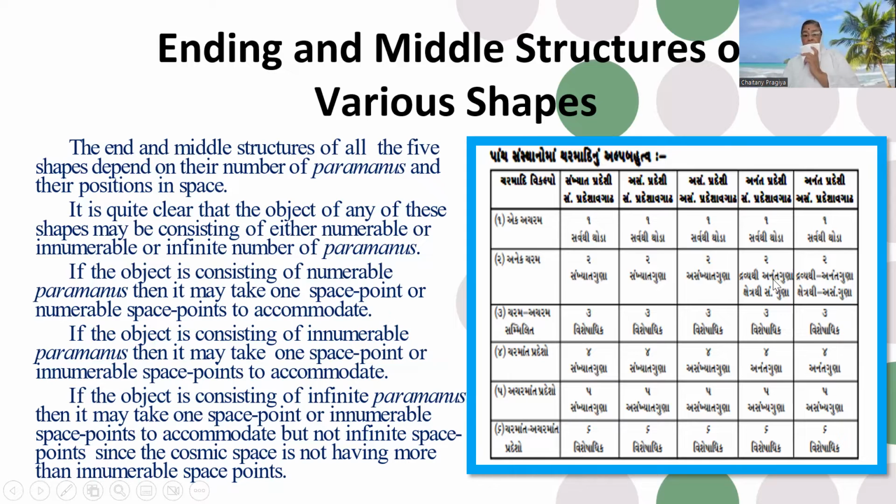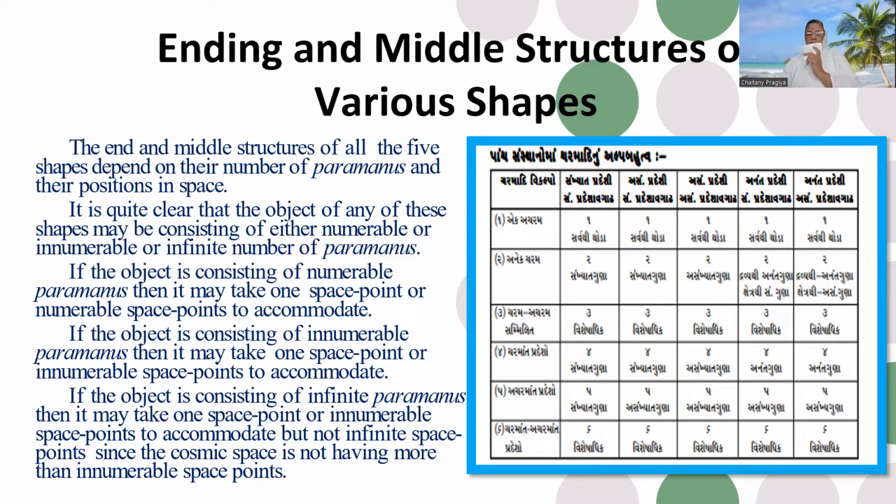Here we can see that there are certain objects which consist of an infinite number of atoms, but so far as space is concerned, they can be found in limited space, and they can also be found in innumerable space points. It depends on their position whether they take innumerable or numerable space.